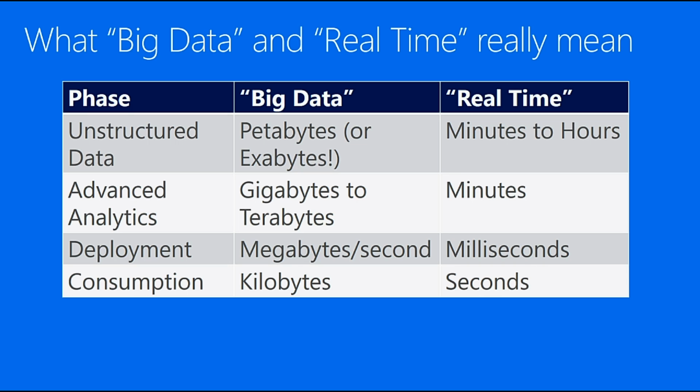And then finally, at the consumption layer, we're now at the realm of one individual sitting at one PC visiting one website, or one individual holding a mobile phone using a mobile application. At this point, big data is not very big at all. An individual doesn't generate that much data in a real-time event that's used in that scoring process, maybe kilobytes of data, typically.